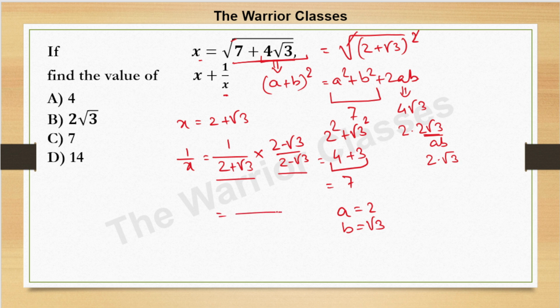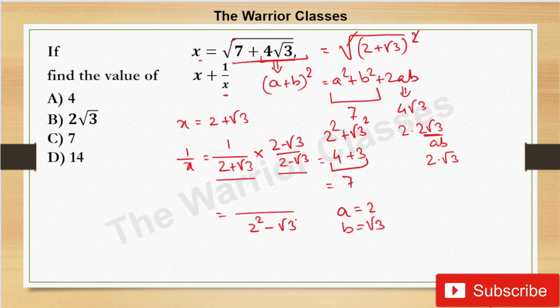In the denominator it will be 2 square minus square root 3 square, a square minus b square, right? And in the numerator we have 2 minus square root 3. In the denominator 2 square is 4 minus 3, so 4 minus 3 becomes 1, and the value of it will be 2 minus square root 3.